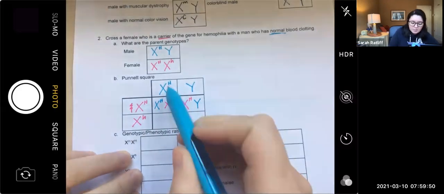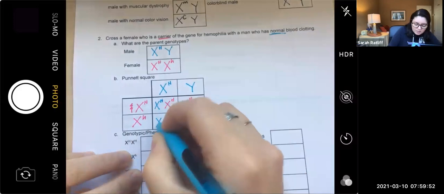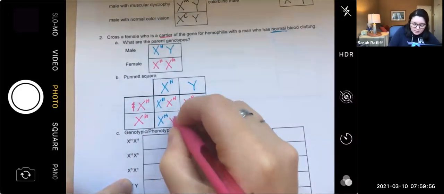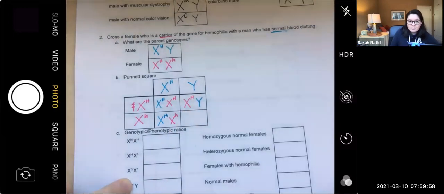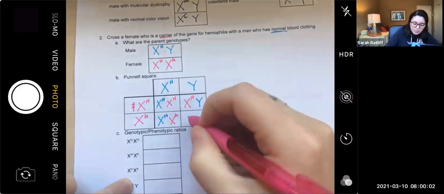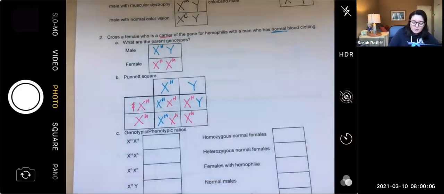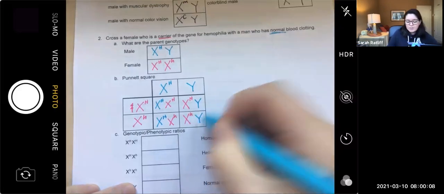Next up, we're going to get a big H from dad on that X chromosome and an X with a little h from mom. And lastly, X's again come before Y, so we're going to put our X with our little h from mom and our Y chromosome from dad there.